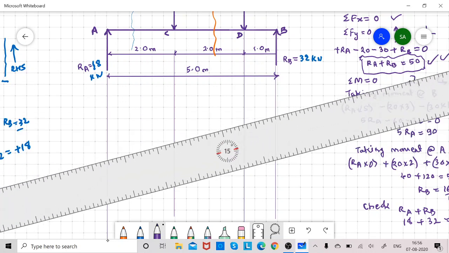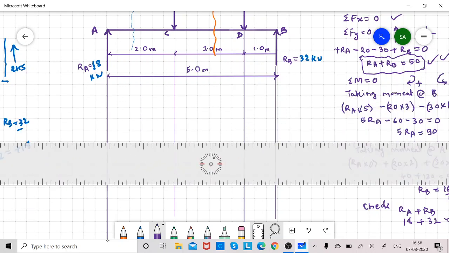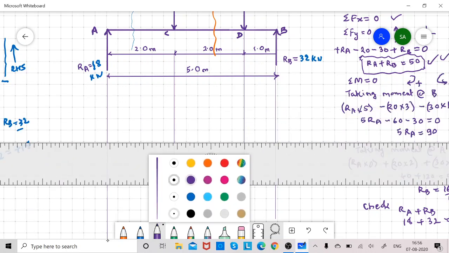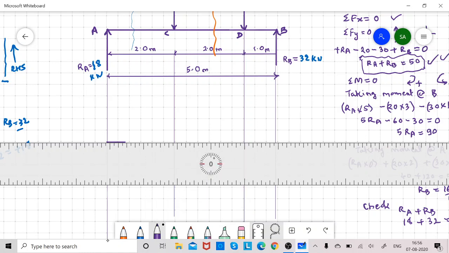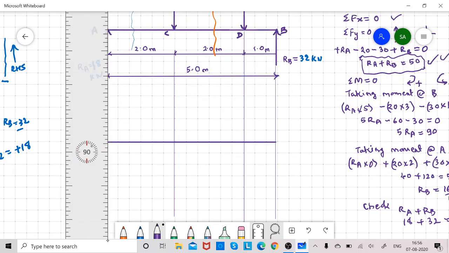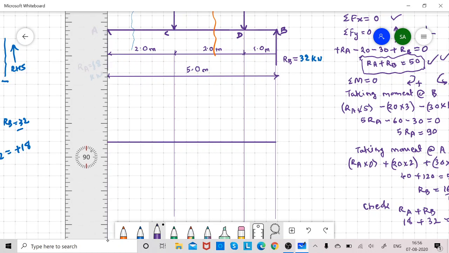Then draw a baseline. This is the baseline. To start with point A, take a suitable scale or you can draw the proportionate sketch.